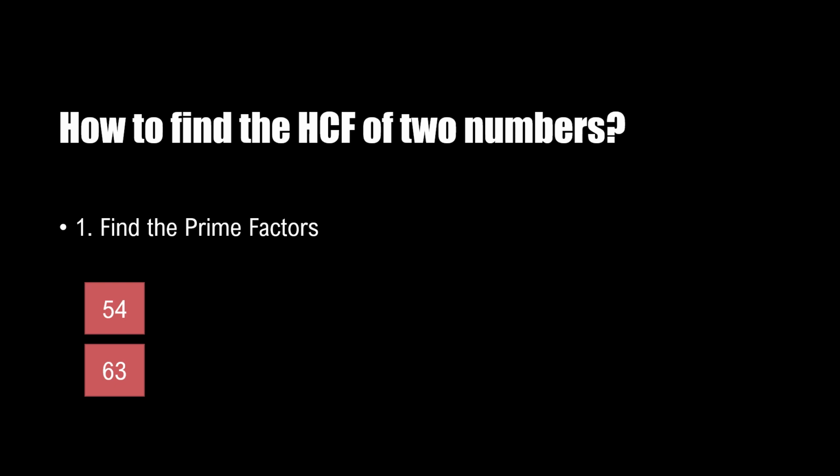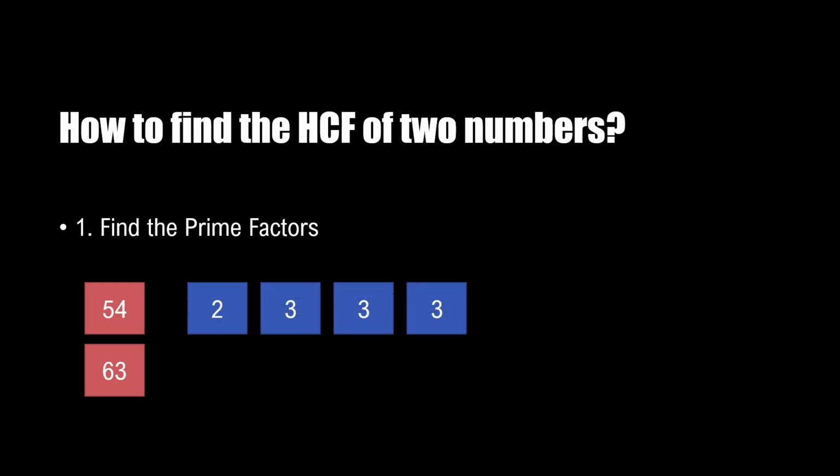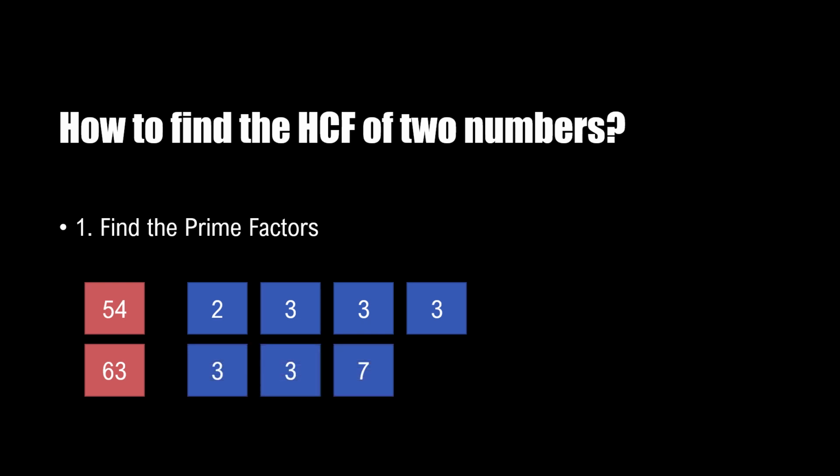So what are the prime factors of 54? We can use the division method or the number tree method to find the prime factors of 54. So the prime factors are 2, 3, 3, 3. And what are the prime factors of 63? 3, 3 and 7.